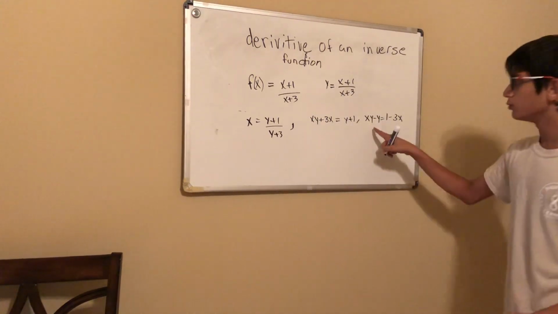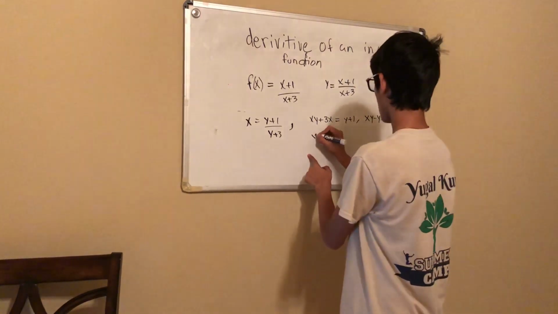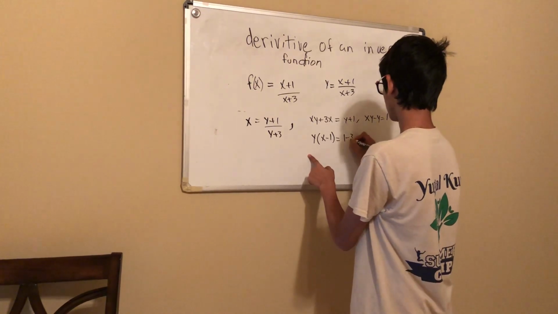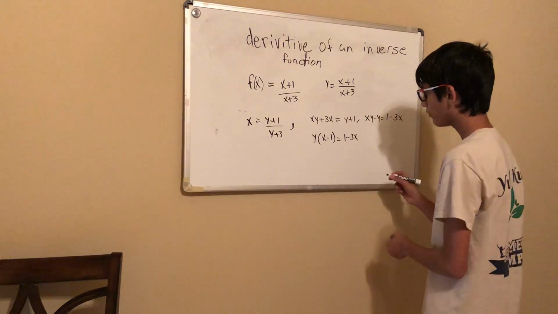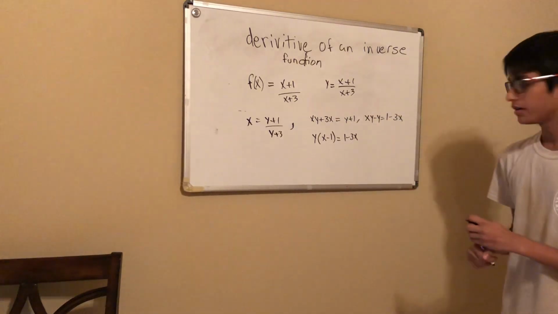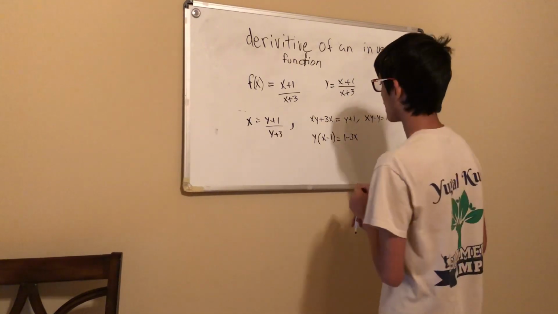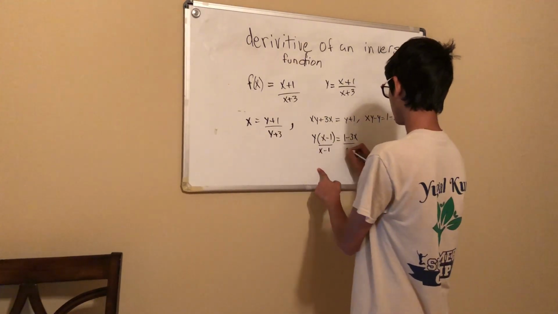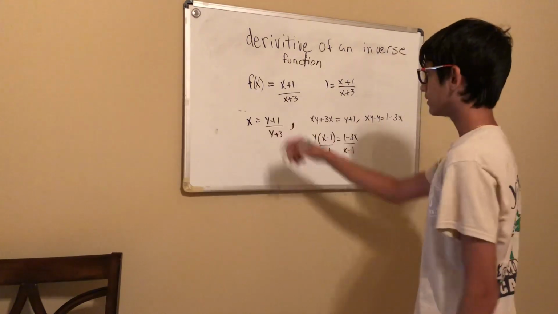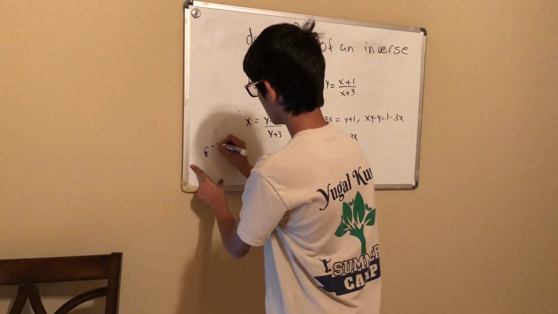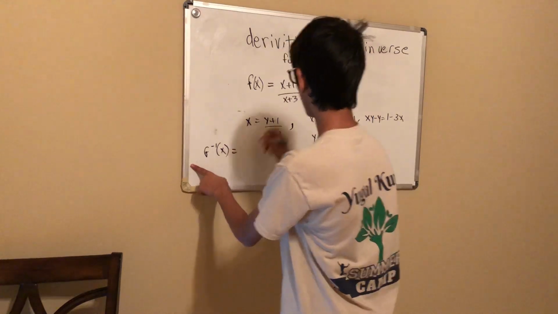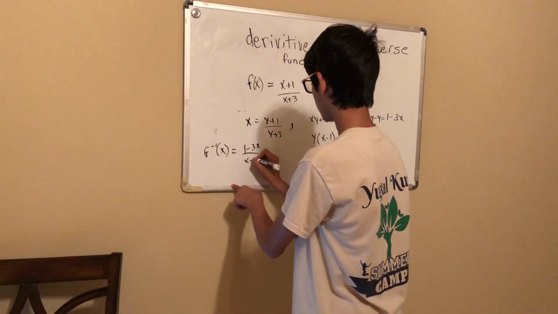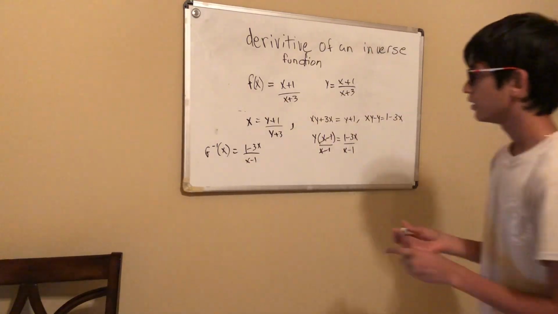So now moving down, we can factor a y out of this, and then you would get y times x minus 1 equals 1 minus 3x. And then to get y by itself, you divide both sides by x minus 1, and you get 1 minus 3x over x minus 1, right? So then the inverse of x equals this right here, 1 minus 3x over x minus 1.